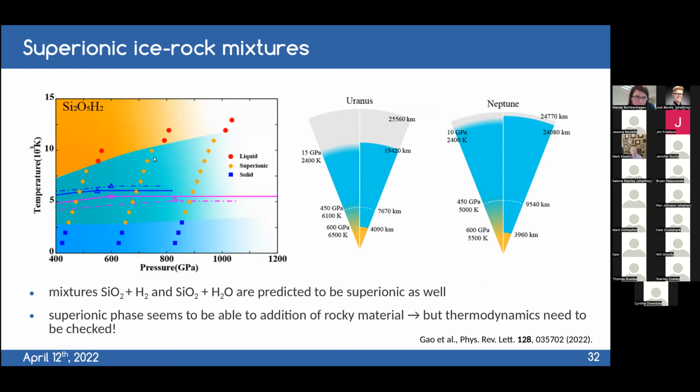Also here in this cyan region you still find superionic regions, which on the right would be in the core, where you would then have the superionic mixtures. This is pretty interesting, and people are looking at this now. If cores can be superionic too instead of normally solid, that's definitely something we should check out more.